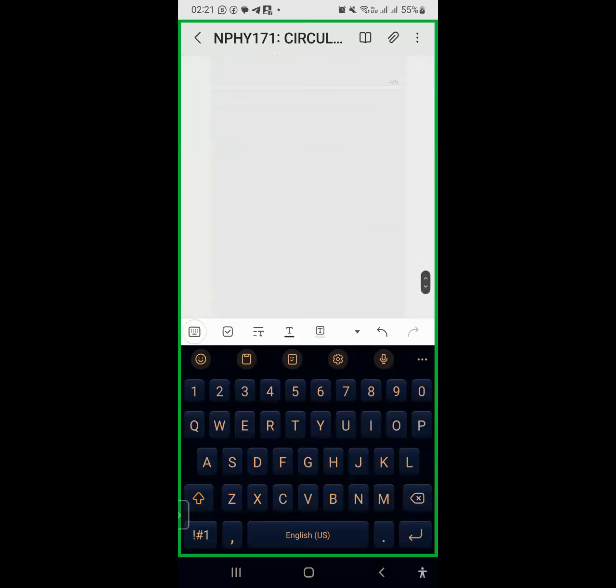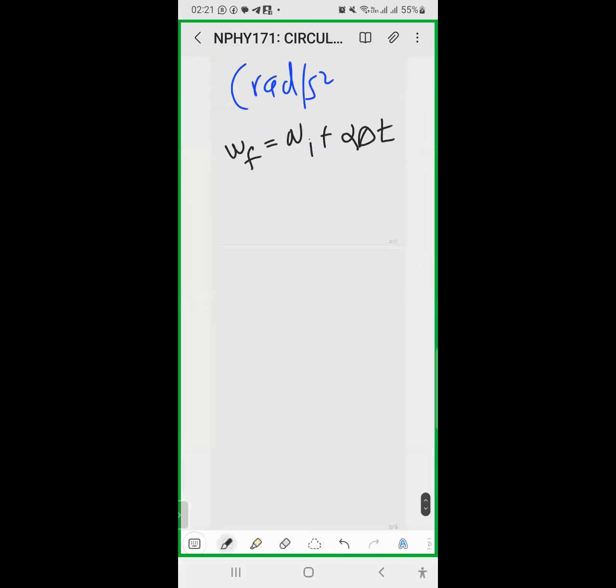Now we shift our idea to the situation whereby there's a force exerted on the object. Without a force, we know that there is no circular motion. An object cannot travel in a circular path.